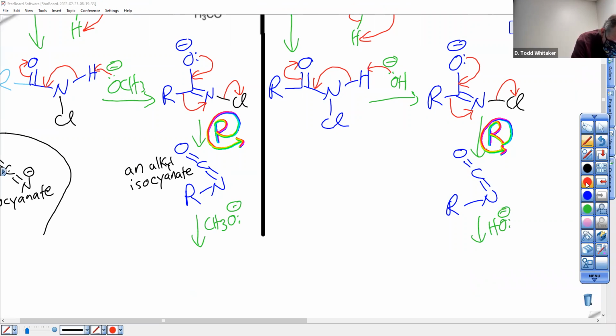First step, I hope you're not surprised, it attacks the incredibly positive carbon. Talk to me about why it's an incredibly positive carbon. Four bonds to more electronegative atoms makes anything incredibly positive. Okay, that's step 1.